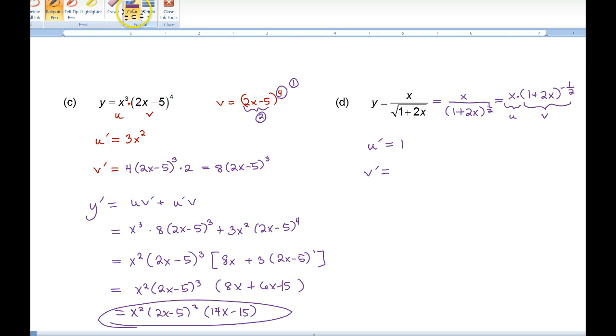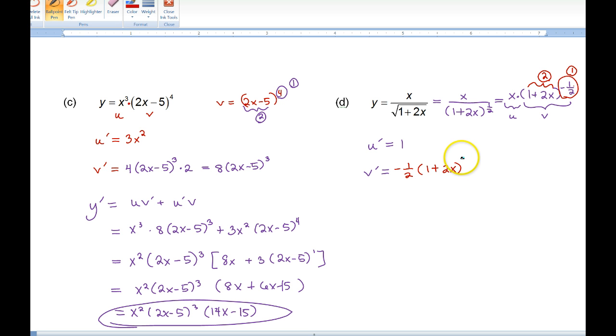So if you think about just looking at this function here, that's going to be the first step, and then we're going to take care of the 1 plus 2x. That's going to be the second part of the chain rule. So when I move the negative 1/2 to the front, everything on the inside stays the same, so that's 1 plus 2x. Take 1 away from negative 1/2.